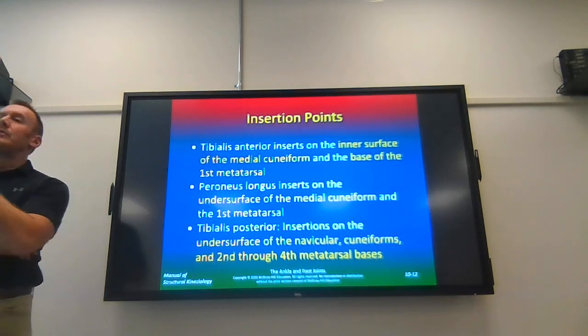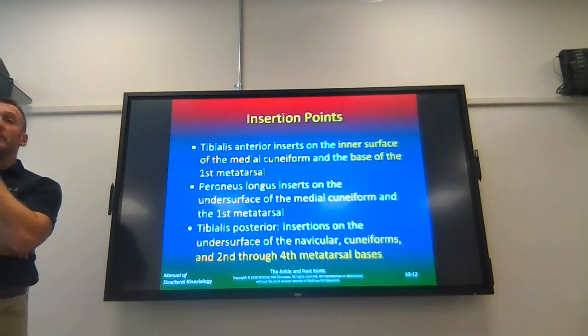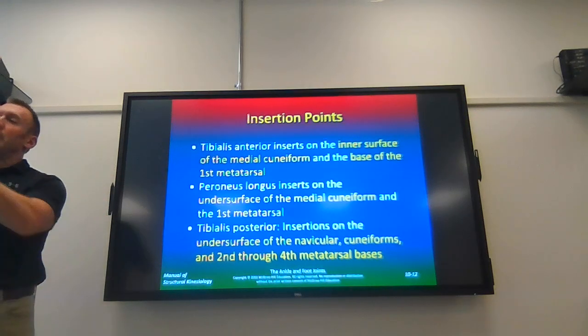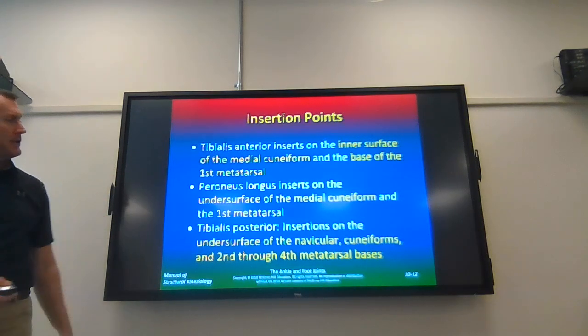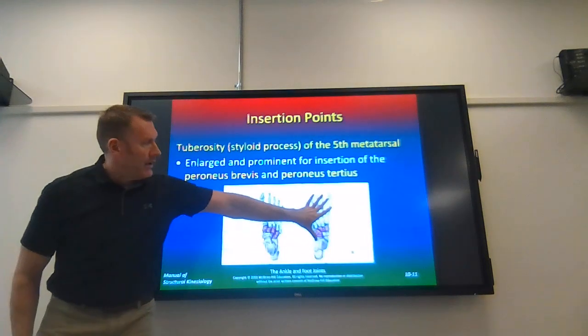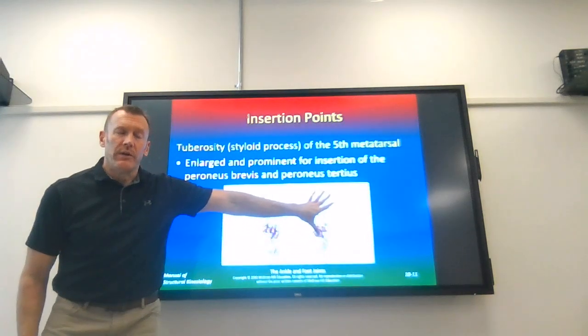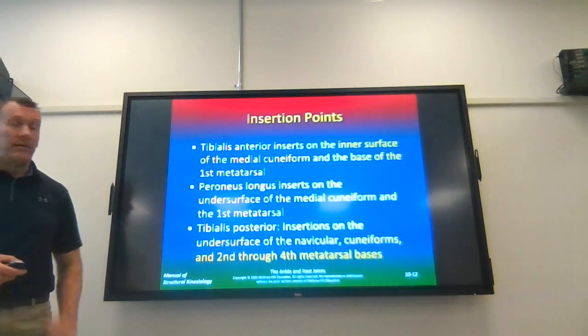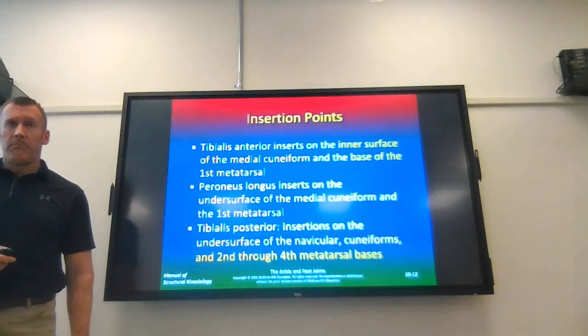The next two, you're going to look at the undersurface of the right foot. So for the second and third bullet points, you're going to go to the undersurface, which is this part right here. So over on this side is where you're going to color the second and the third bullet points.